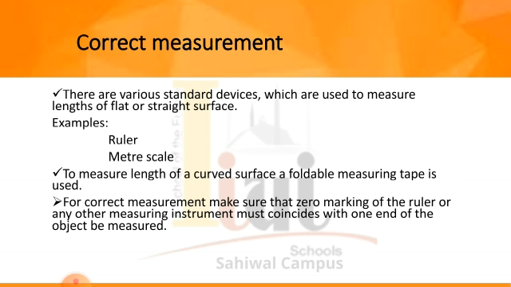If you are going to measure the length of a curved surface, you have to use a foldable measuring tape, as we have discussed earlier. On page number 123, figure 12.7 shows the measurement of the circumference of a cylinder. To measure the circumference, start wrapping the foldable measuring tape around it from one point and complete the full circle.